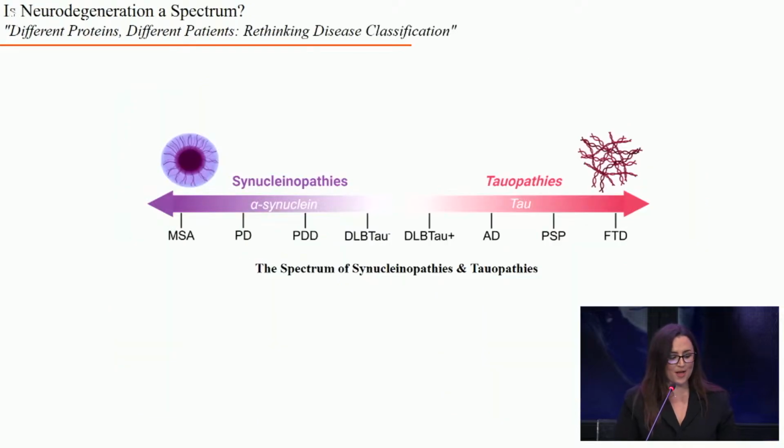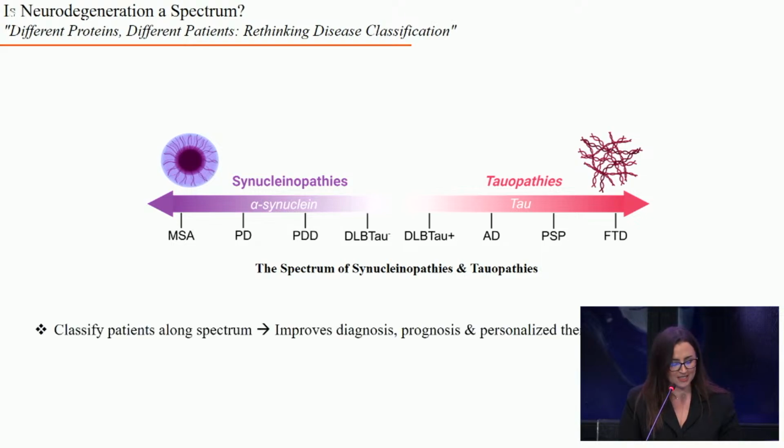And this led us to question, is neurodegeneration more of a spectrum? Instead of classifying these diseases as synucleinopathies or tauopathies, is it rather a spectrum or a continuum of the aggregate-prone proteins?